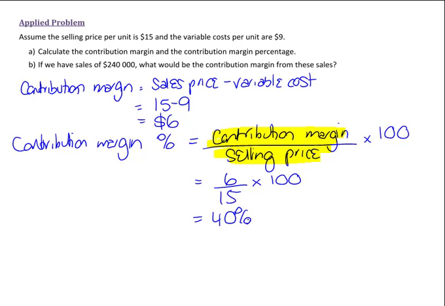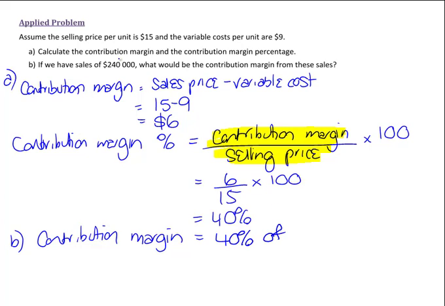Now that's part A. Part B says, if we have sales of 240,000, what would be the contribution margin from these sales? Okay, now the contribution margin would be that percentage of the selling price. So your contribution margin is going to be 40% of the sales, which is 240,000.